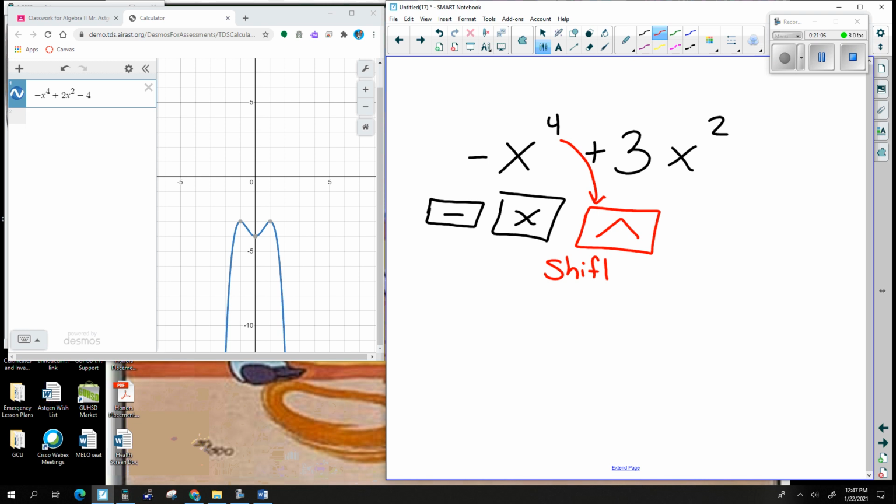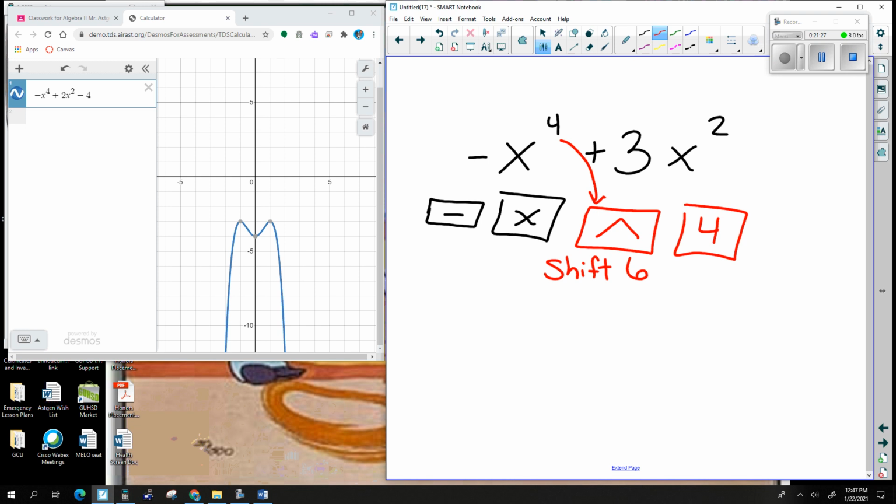It's shift 6. It's called caret. Shift 6 puts you up into these exponent type things. So I go shift 6, and then I type whatever I want into my exponent, 4.